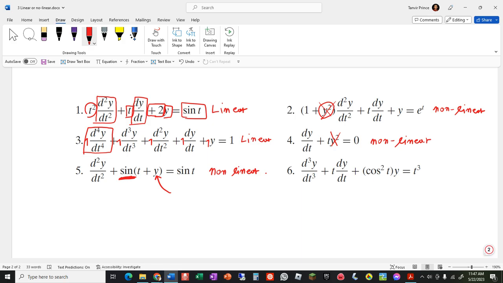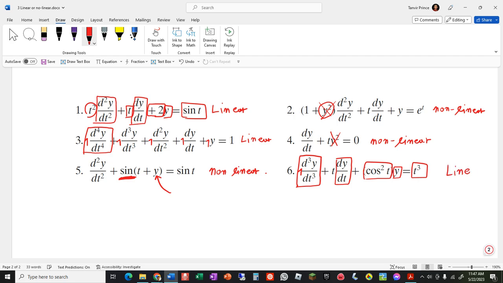Let's look at number 6. It is indeed linear. You have the third order derivative, and the function there is 1, plus t times the first derivative plus cosine squared t times y equal to t cube. So it satisfies the definition of linear.